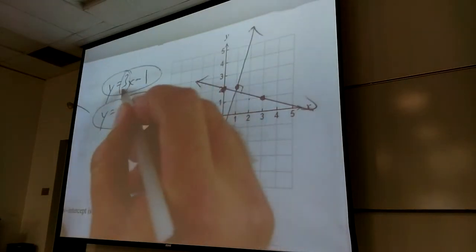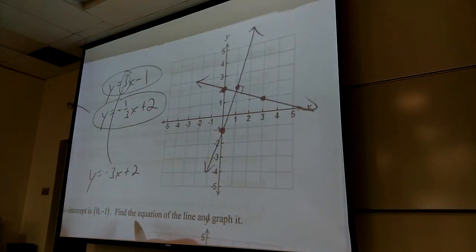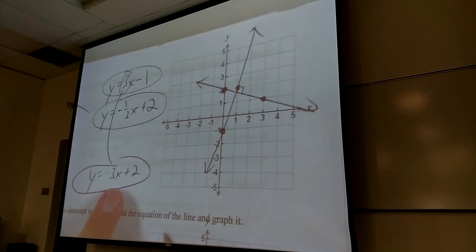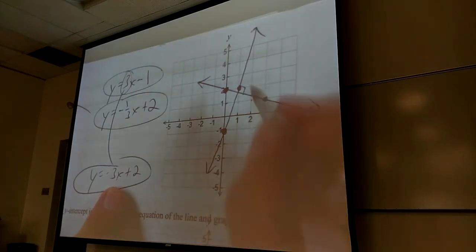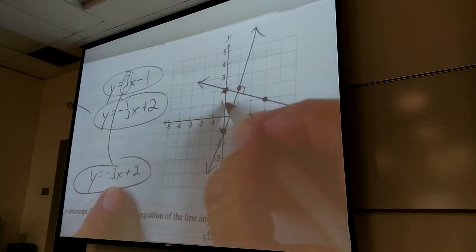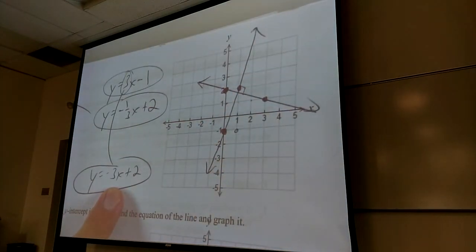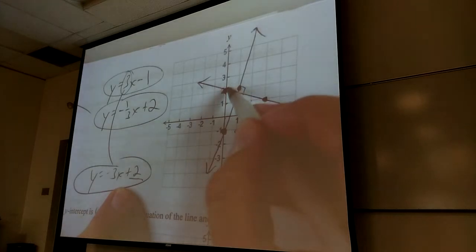Now, if I would have just made this the opposite, -3x + 2 instead, I want to show you. If I just made it the opposite sign, it would have gone down 3 over 1, starting at 2.